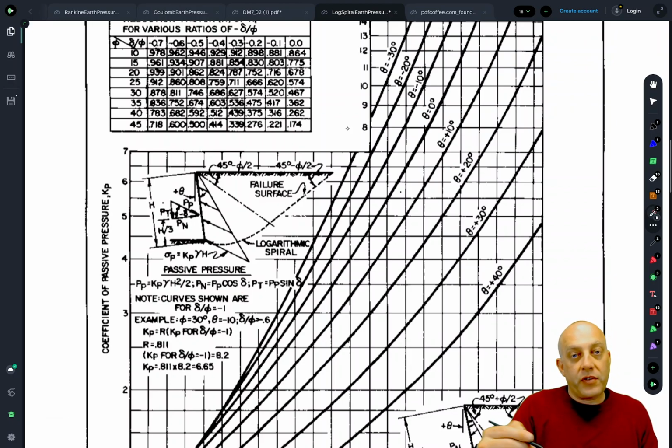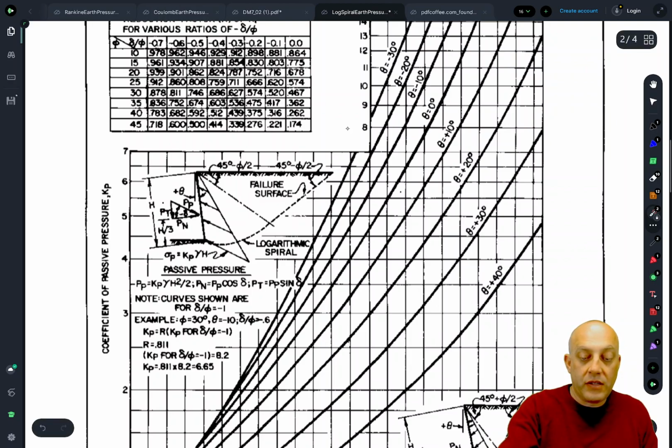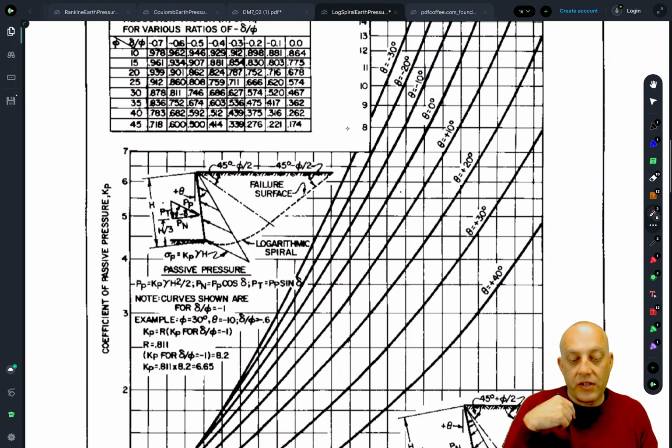If the wall is vertical, then that's the horizontal component. If the wall's not vertical, you'd have to do another transformation to get that as well. And then Pt is the transverse or the shear force acting between the soil and the wall. So it's good that the table has this because it's not always clear whether that cosine delta term is factored in or not. It's not factored in here. If you want horizontal pressure, you have to apply it later to get that horizontal component.